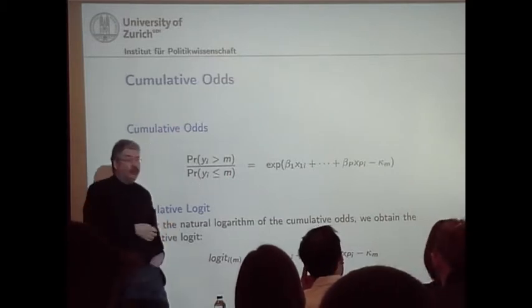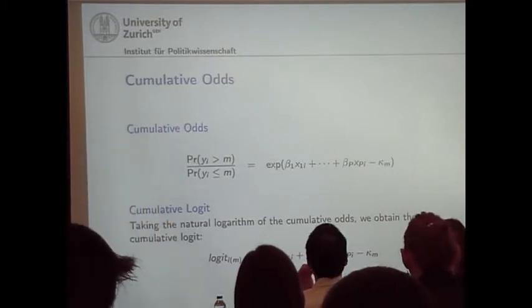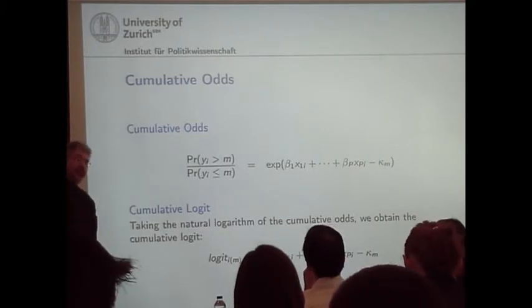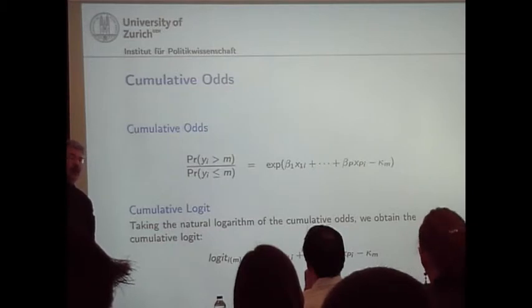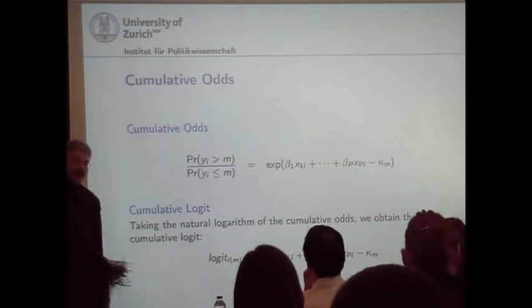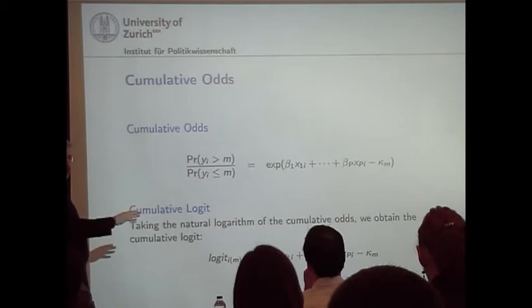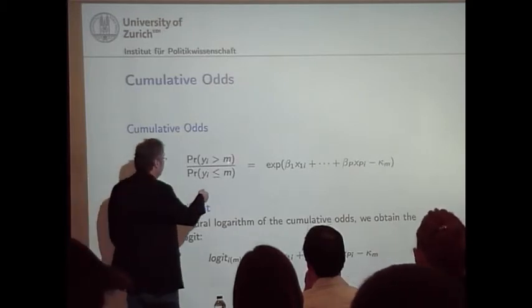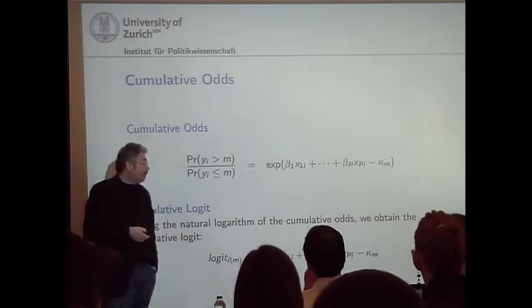So for example, the probability of being neutral towards the statement or agreeing with the statement versus the probability of disagreeing with the statement. If we did m and on.